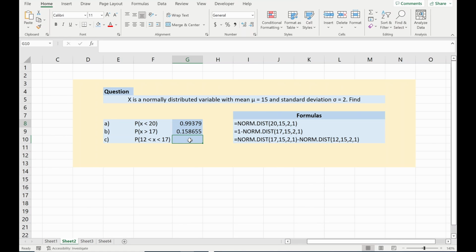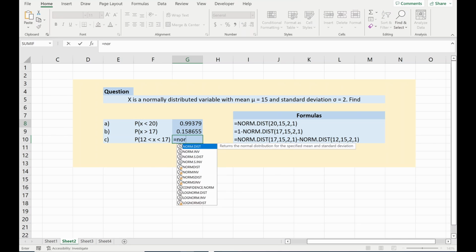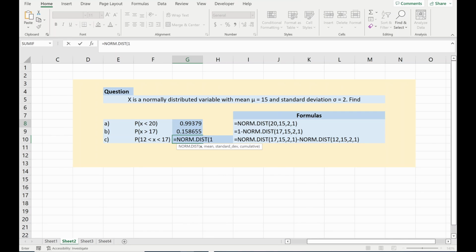And now when we're working with a range of values, the probability between 12 and 17, we're essentially going to take the left-hand probability, so the probability that X is less than 17, that's going to be a bigger number than the probability that X is less than 12. So we're going to take the first value, 17, and we'll do equals Norm.Dist, 17, 15, 2, 1, and this is going to be the probability that X is less than 17.